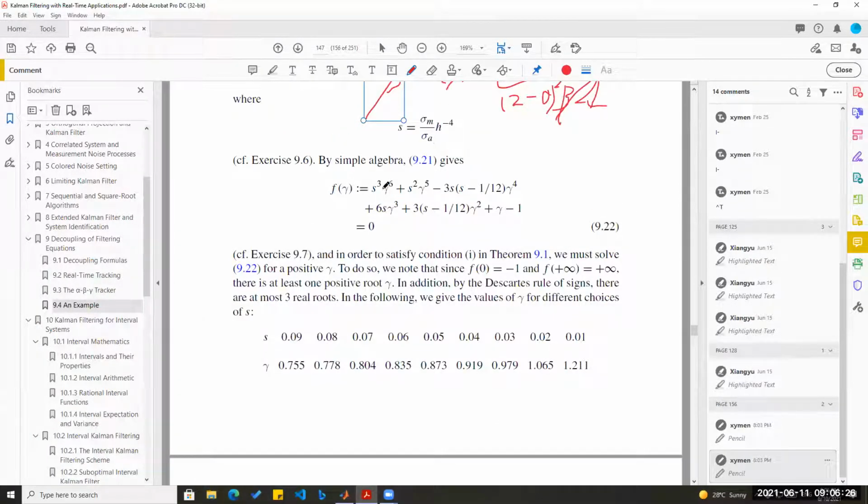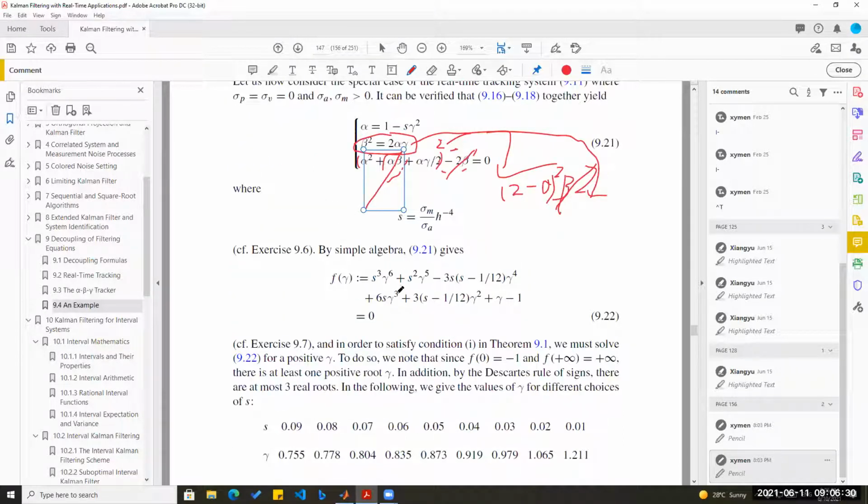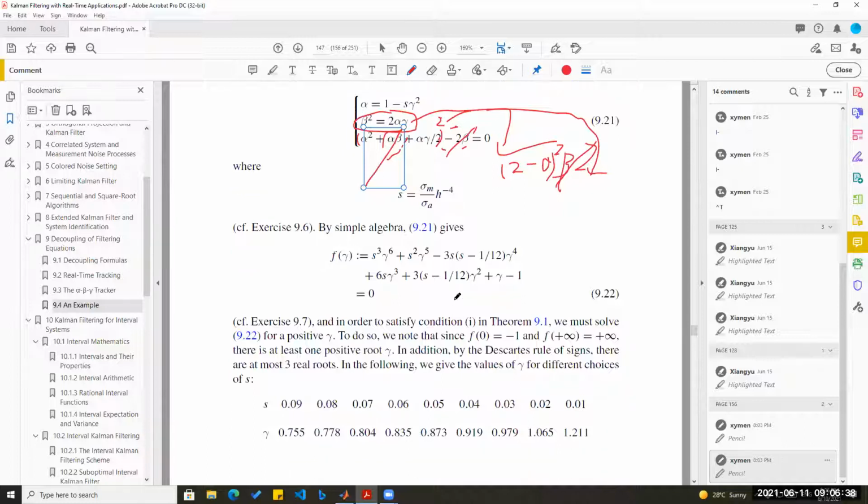Then for given s, we can solve for the zeros by solving the equation for gamma. Actually if you take gamma 0, it's minus 1. If you take gamma positive infinity, then it is positive infinity. It goes from minus 1 to positive infinity, so there must be at least one positive root.